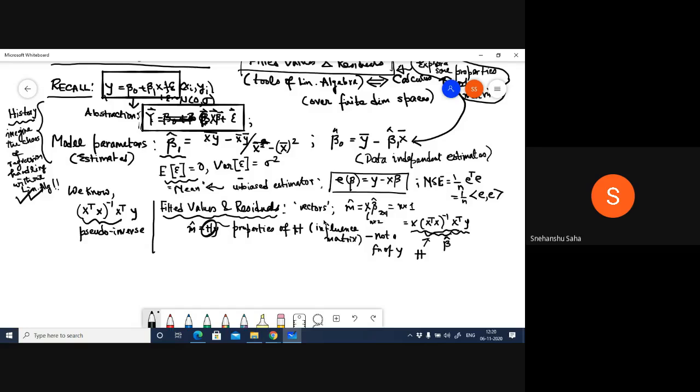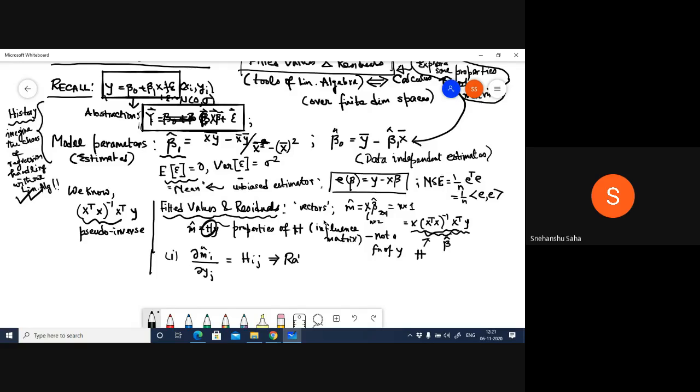Now there are also some other interesting properties. The first property of this influence matrix is the following: since it is not a function of y, if I take the partial derivative with respect to yj, the set of observations, this gives me hij. This hij is nothing but the rate at which the ith fitted value changes as we vary the jth observation.